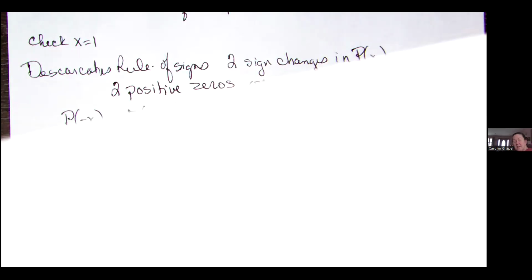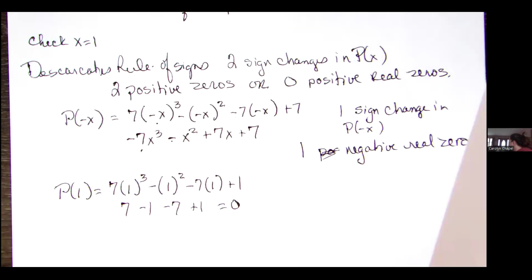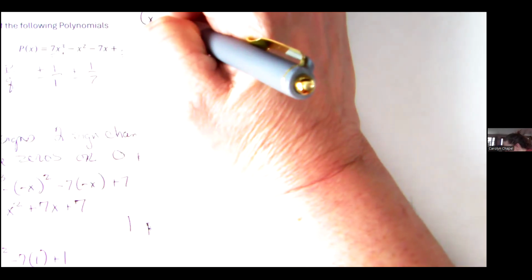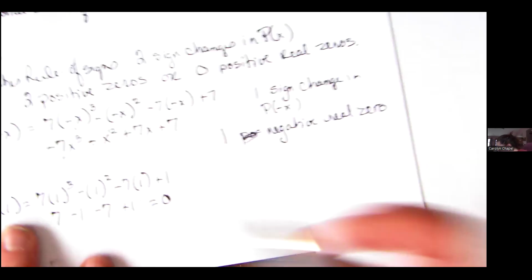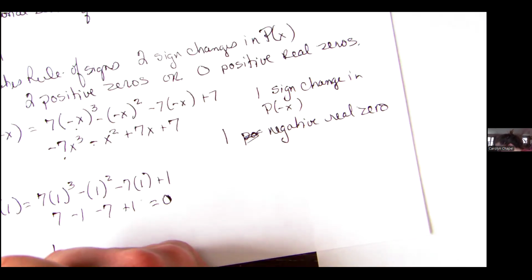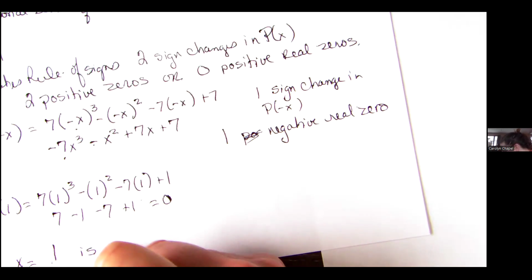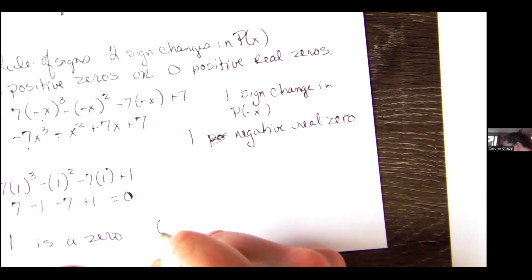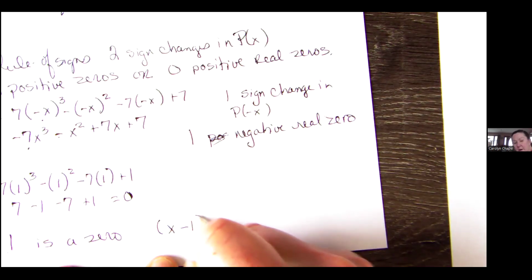I am going to use now synthetic division to divide this out. So we're going to talk about synthetic division. Synthetic division is a quick way to divide something by a linear factor. So since x equals 1 is a zero, that means it came from a factor that looked like x minus 1.